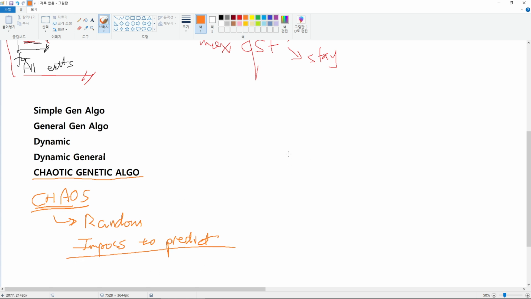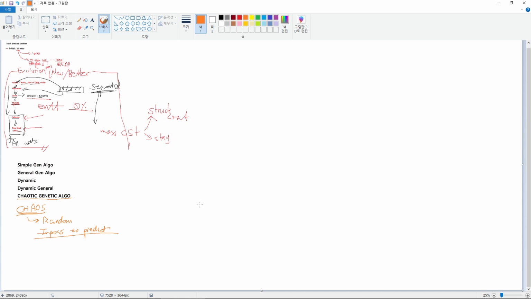Which means that if I have a world, this is the world, okay, and entities would be in here. Let's see, stars.